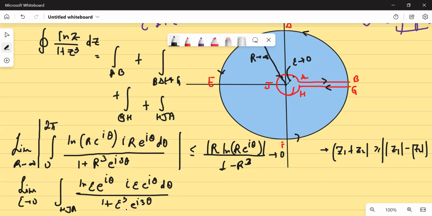You can see that as epsilon tends to 0, this is 1. I will let you know how it becomes 0. So here it is this, then there is a dθ, upon 1 plus epsilon cubed e^(3iθ). I'm writing the limit as epsilon tends to 0, and you have this ln epsilon.